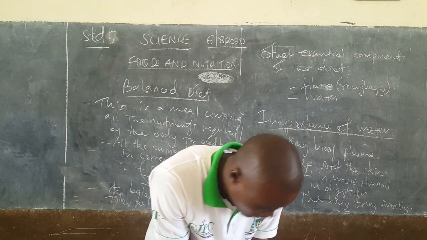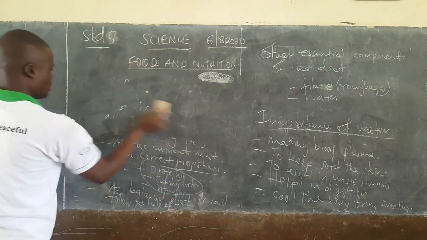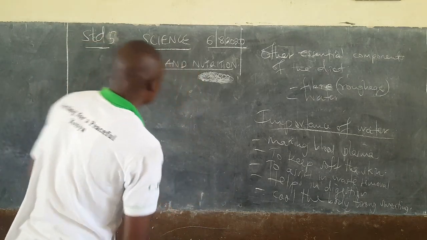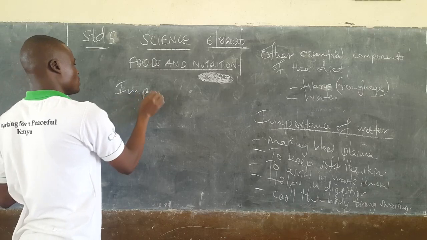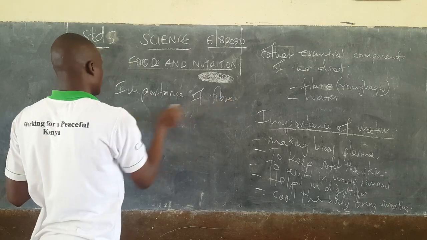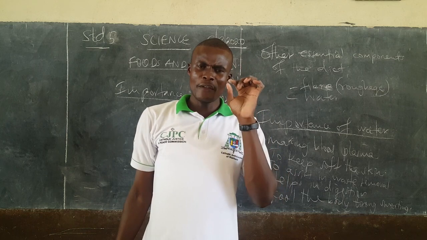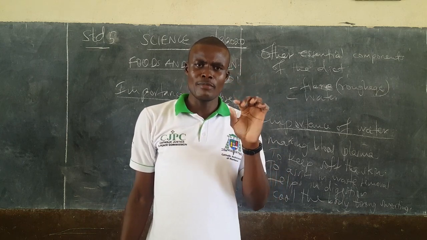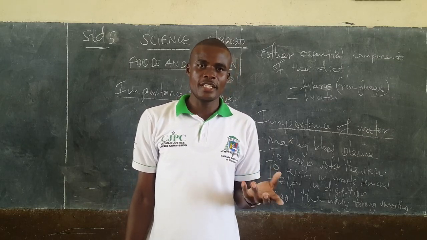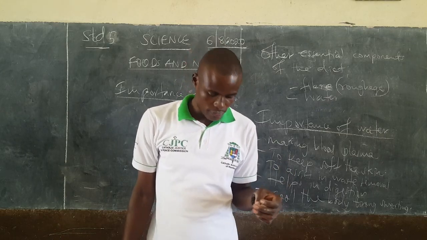So we're going to the importance of fiber in a diet, just to crown this lesson, to end it. Importance of fiber in our body. We mentioned that fiber are those thread-like structures that we get in vegetables and fruits, like in oranges, in mangoes, and in vegetables.